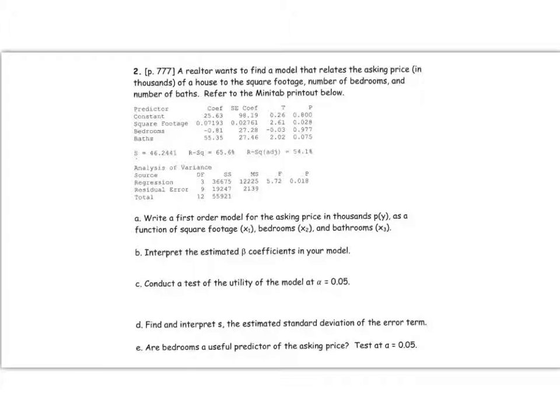All right, second example. A realtor wants to find a model that relates the asking price in thousands of dollars to the square footage, number of bedrooms, and number of baths. And we have a Minitab printout below. So the first order model for the asking price in thousands as a function of square footage, number of bedrooms, and number of bathrooms would be, I'd take my coefficients.